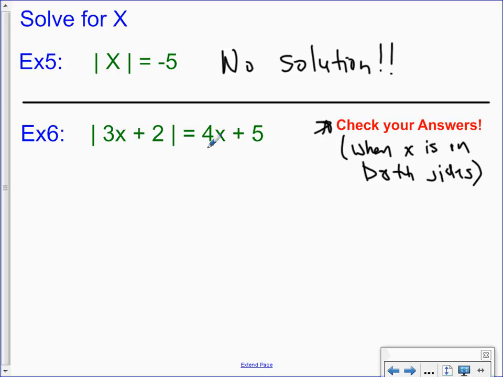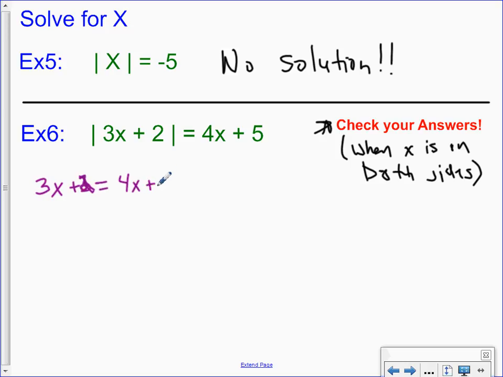When you set up your equation, would you do negative 4x minus 5? Yep, you're exactly right.